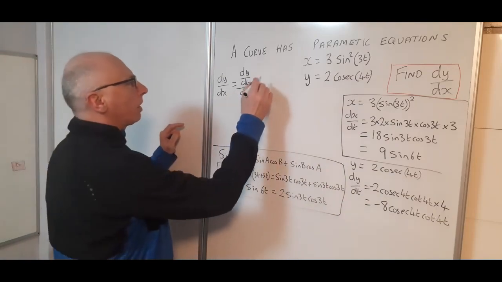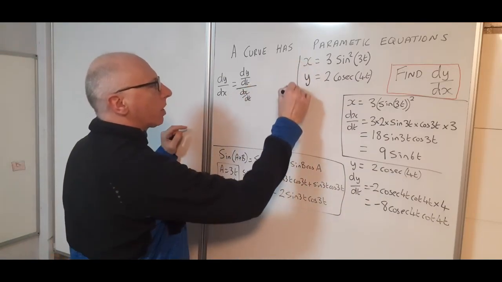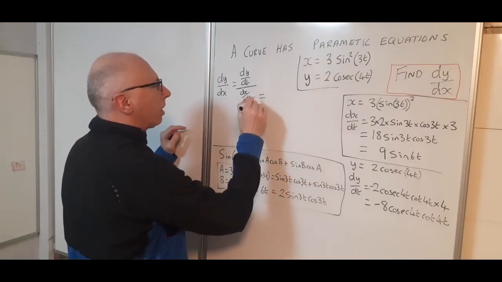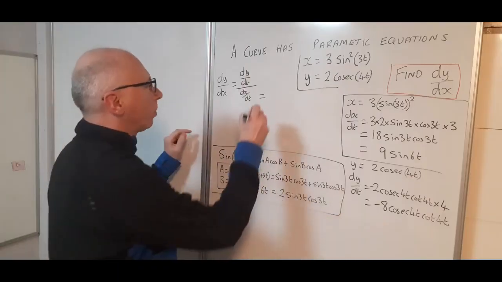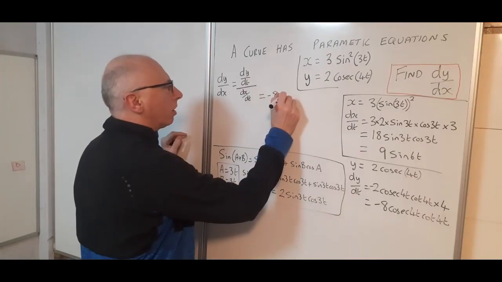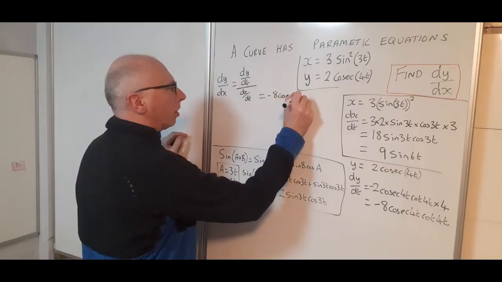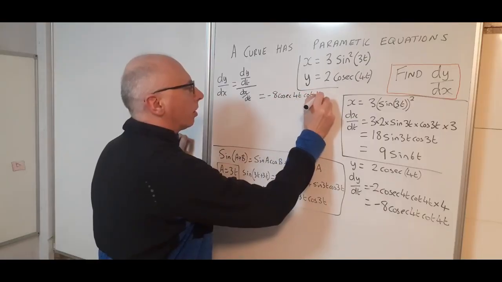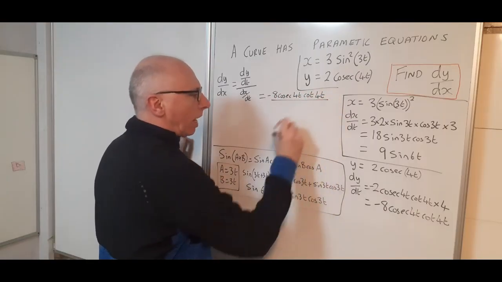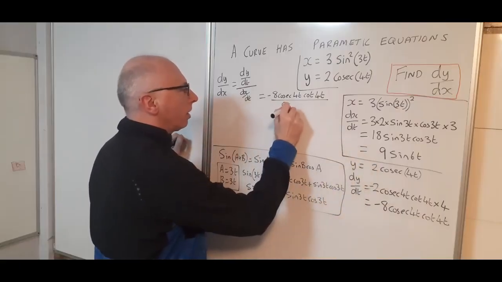So dy/dx equals minus 8 cosec 4t cotangent 4t, divided by 9 sine 6t.